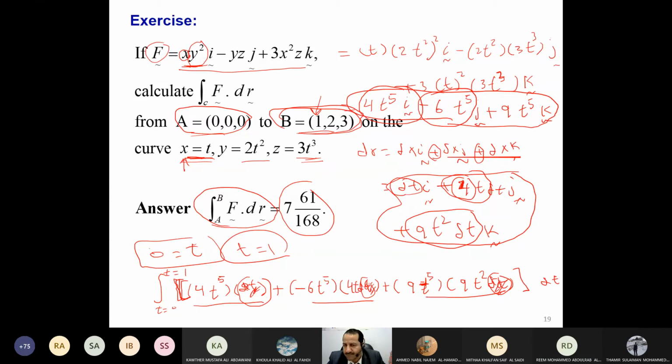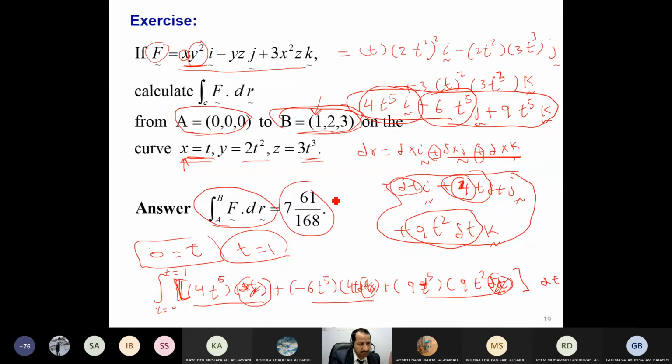Doctor, it will be 7.36. It's in fraction with me. Okay, check it. Let me check it by calculator here. One second. 7 times 61 divided by 168 equals 2.54.